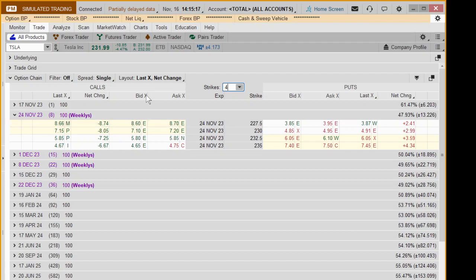So that's why you make your money with the spreads. This one is 24 November 2023. This contract expires on the 17th. This expires on the 24th. Usually they're weekly contracts until you get all the way down here.